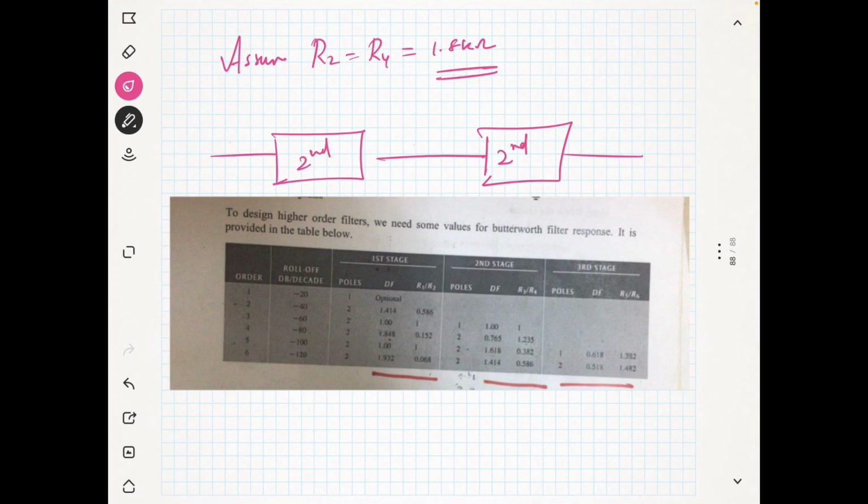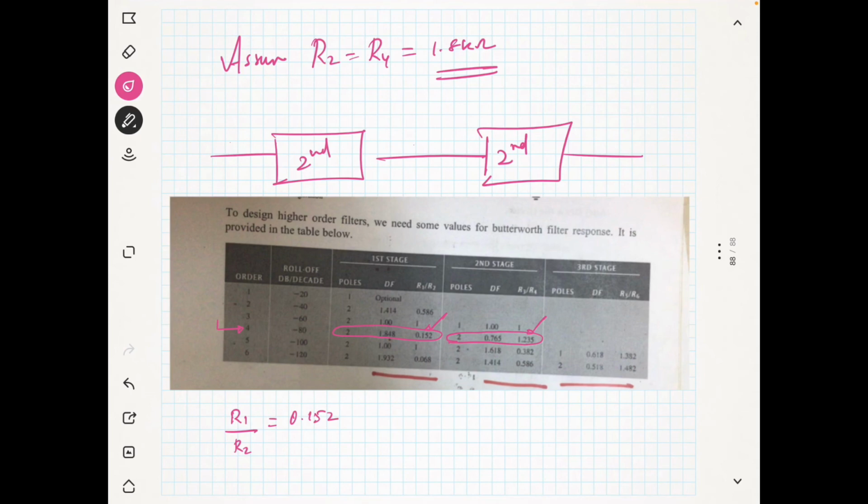When I use the table for the fourth order filter, you see I have the first stage, this one, and the second stage, this one. I can use this R1 and R2. For the first part, R1 by R2 is equal to 0.152, or I can use the damping factor and then solve.